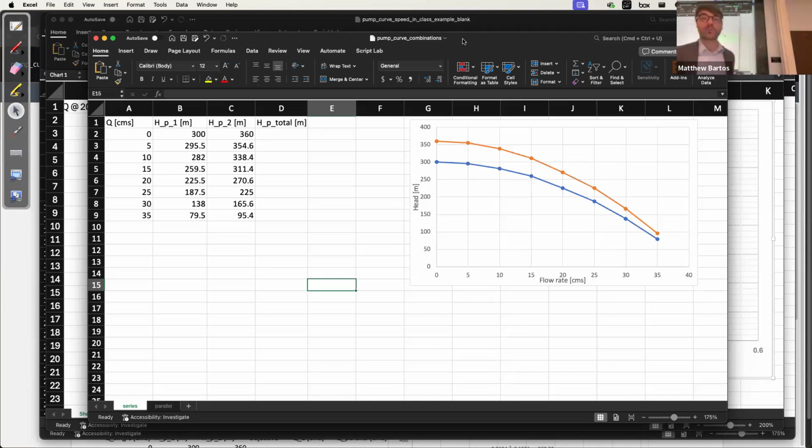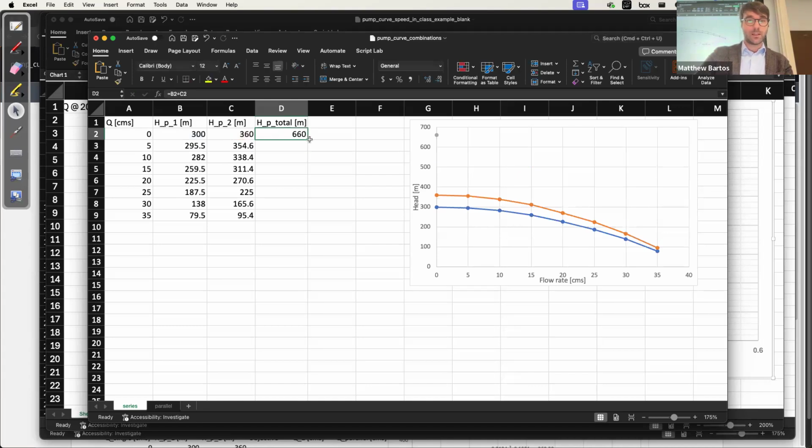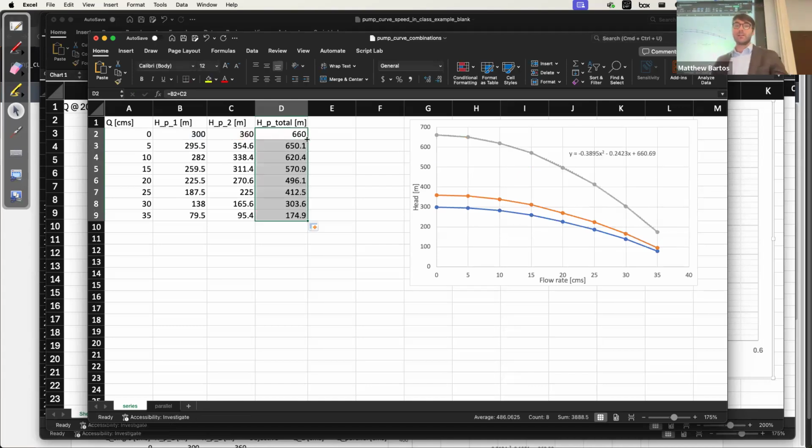So if we want the total head for the pumps acting in series, what do we do? B plus C, very good. So this is B plus C. And we can extend this down. And that gives us our new pump curve for the pumps acting in series. So that one is nice and easy.